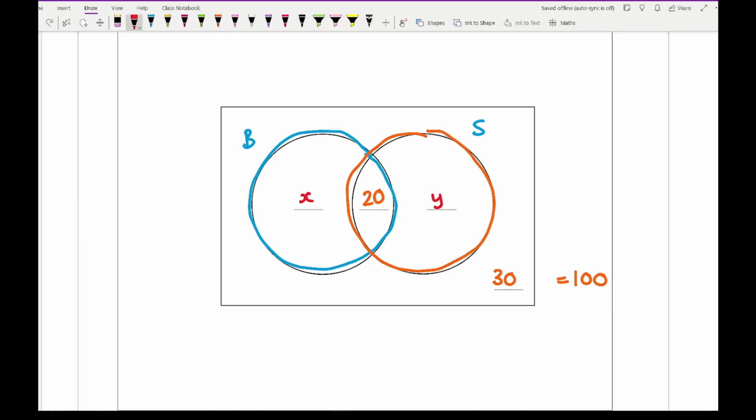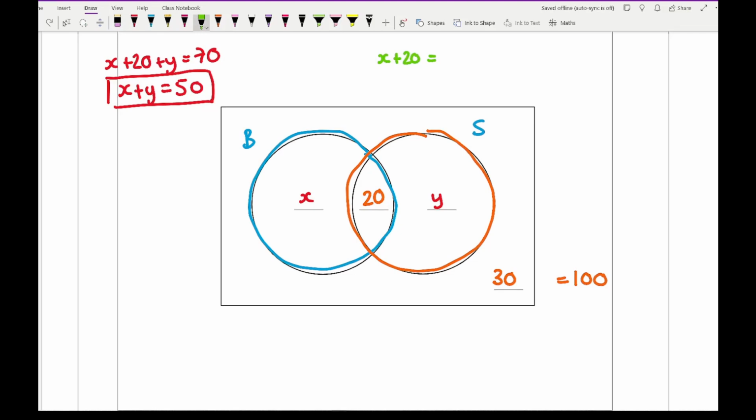So from the facts that we know, X plus 20 plus Y, those two circles need to add up to 70 because 30 is outside. So if I neaten this up, I get X plus Y equals 50. I'm just going to put a little box around that for now. Now the second bit of information we know is that X plus 20 is twice the size of the numbers in the orange circle.